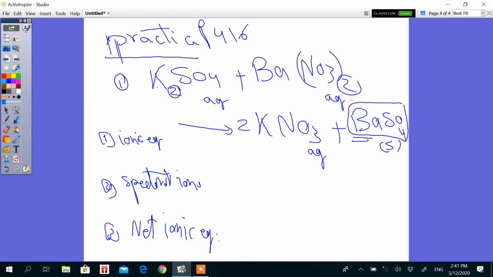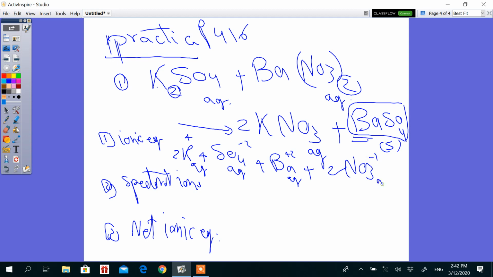I will return to my equation, potassium sulfate K2SO4 aqueous, the first substance. We will take 2 potassium positive plus sulfate -2 aqueous plus barium +2 aqueous, and also 2 nitrates -1 aqueous.